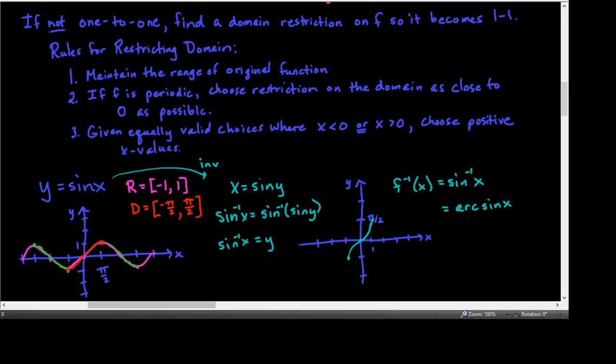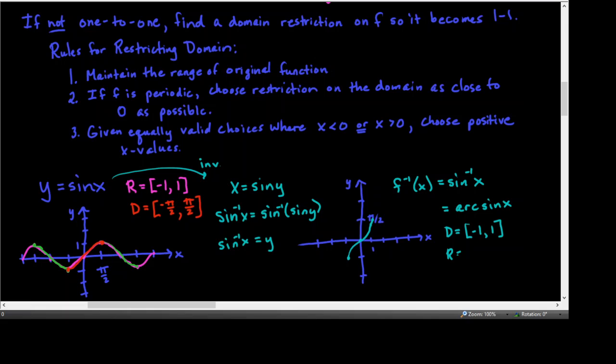Okay, so let's talk about the inverse graph for just a few minutes. What is its domain? Well, it goes from negative 1 to 1, which doesn't surprise me because that's what the range was for the original function. Every range thing, y thing, becomes an x thing, the domain. And what is the range of our function?